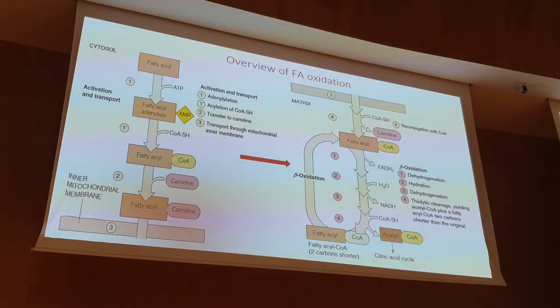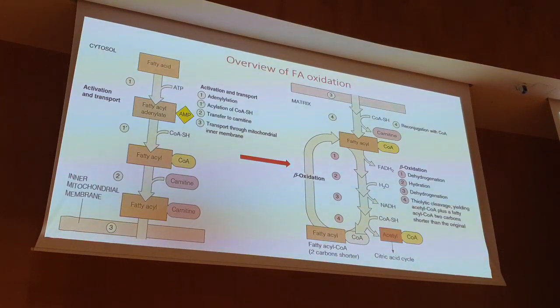I am now at number 3 on the right hand side. Okay? So now we are entering the mitochondria. Once you enter the mitochondria, the carnitine is removed and is used to bring in more fatty acid.